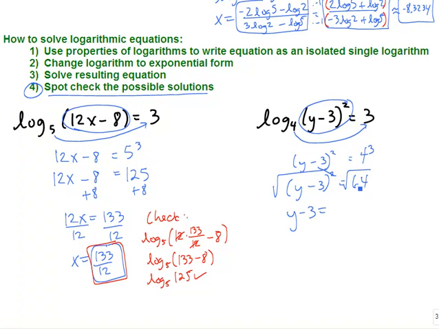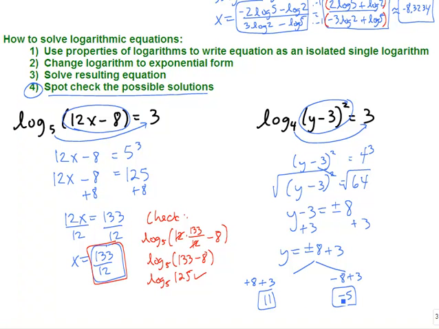But on the right hand side, remember when you're the one taking the square root, you get two solutions, plus or minus, and the square root of 64 reduces to 8. So when we add 3 to the other side, we get y equals plus or minus 8 plus 3, and we can figure out what those two answers are. Positive 8 plus 3 would give me 11, and minus 8 plus 3 would give me negative 5.